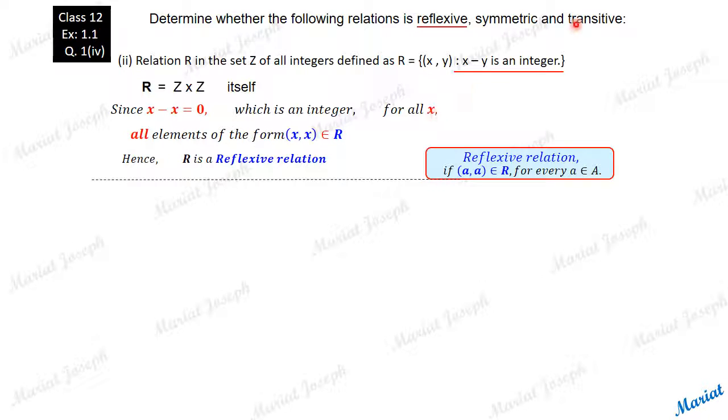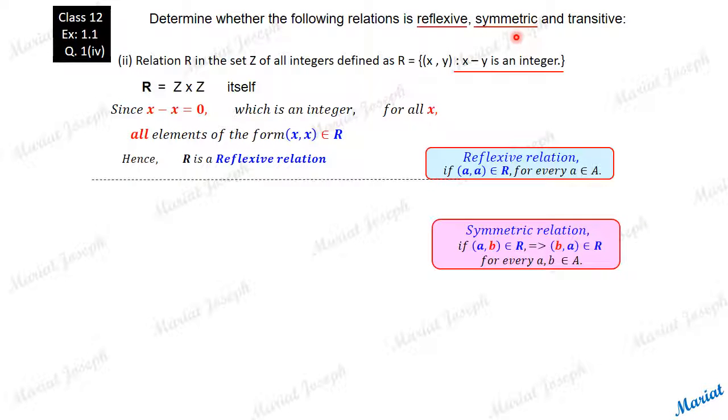See whether it is a symmetric relation now. The definition of a symmetric relation: a relation in set A is called a symmetric relation if the pair (a, b) belonging to R implies (b, a) also belongs to R. Let's cross-check.